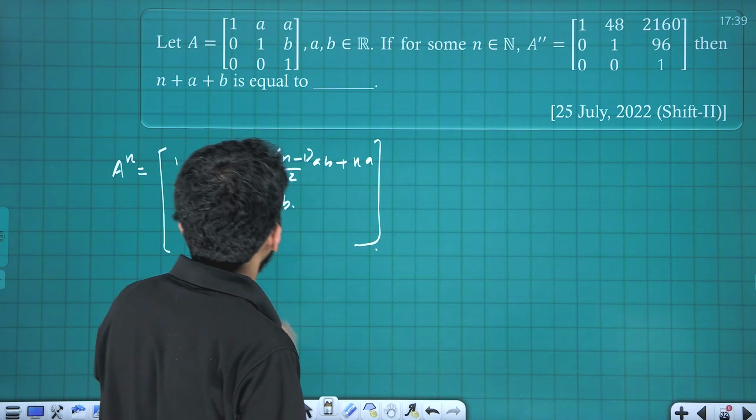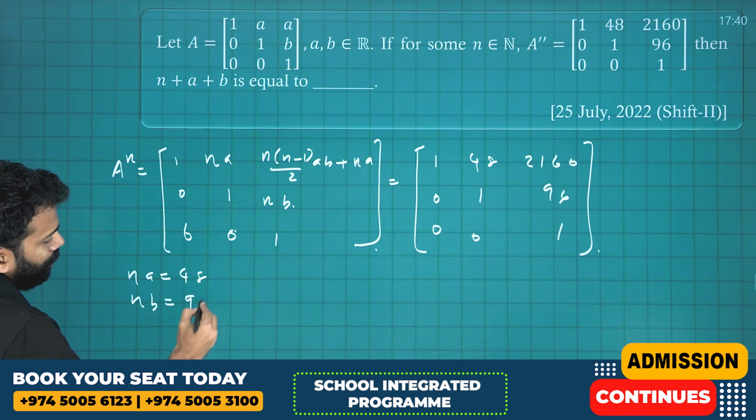This is equal to the given matrix: 1, 0, 0, 48, 1, 0, 2160, 96, 1. Let's compare this. After comparing, nA is equal to 48 and nB is equal to 96.